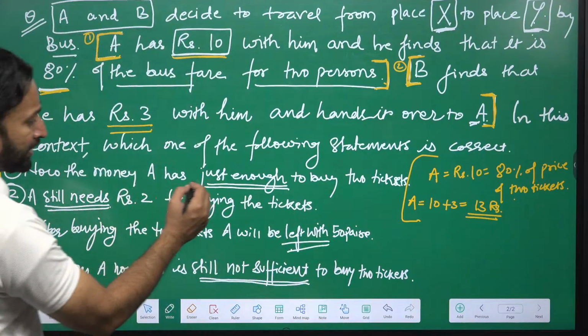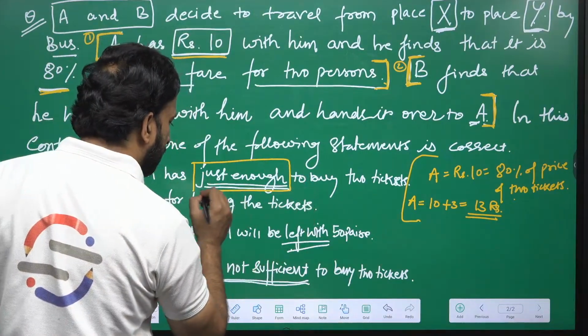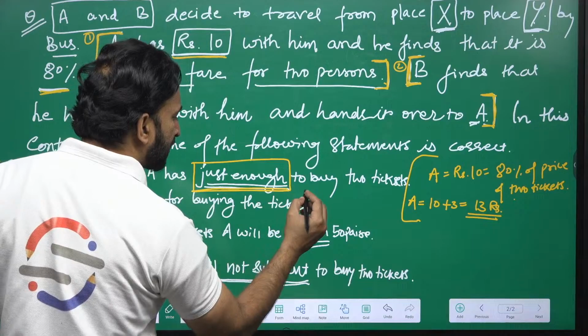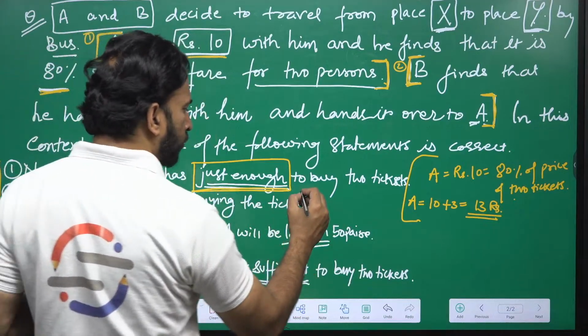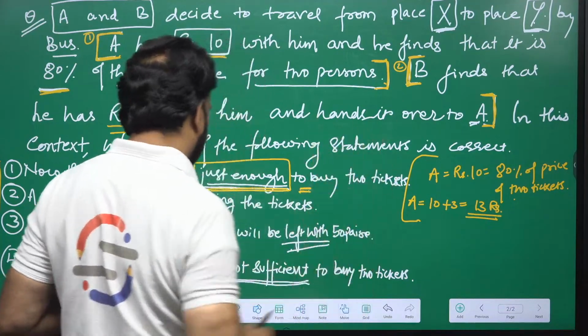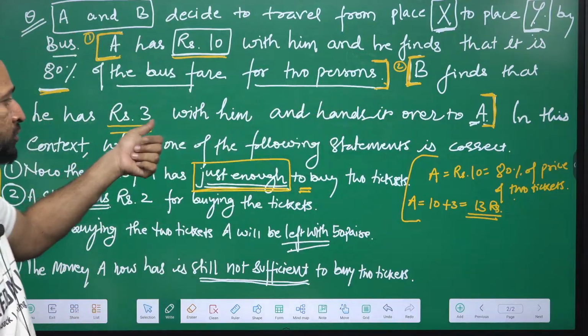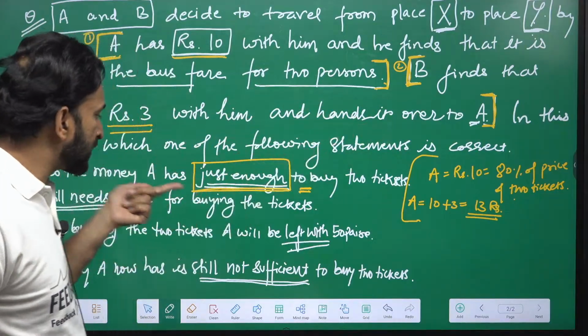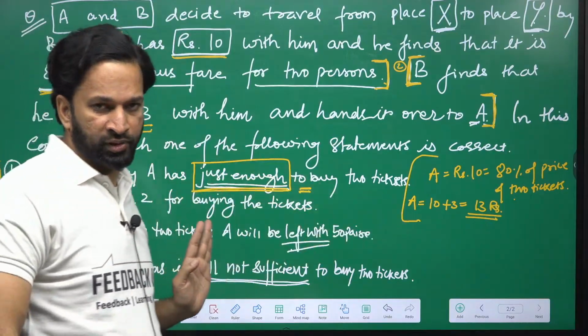Now the money A has just enough. Just enough means that the price of 2 tickets is almost equal to the money A has. After B hands over rupees 3 to A, the statement says that A has just enough money.